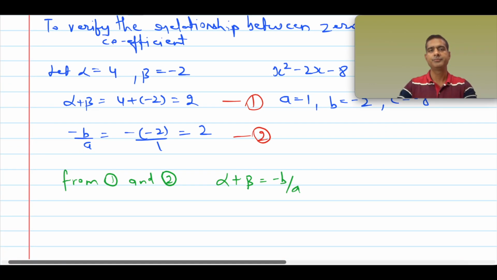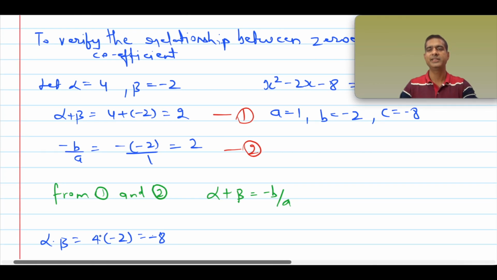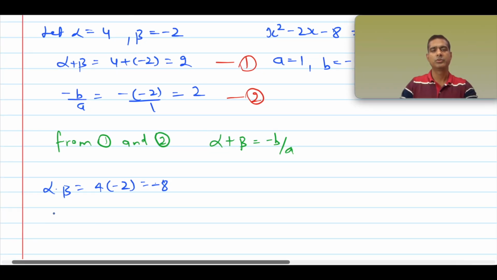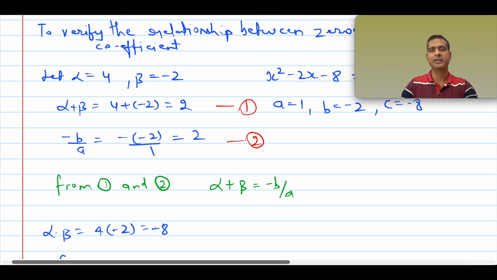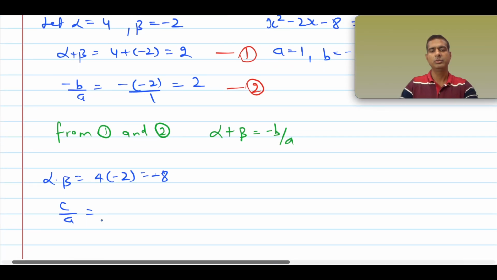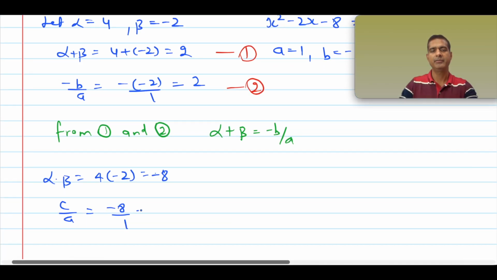Now similarly, we can check for alpha into beta, that is the product of the roots. So we will get 4 times negative 2, that is negative 8. And if we find c by a, c is negative 8 and a is 1. So negative 8 by 1 will again be negative 8.